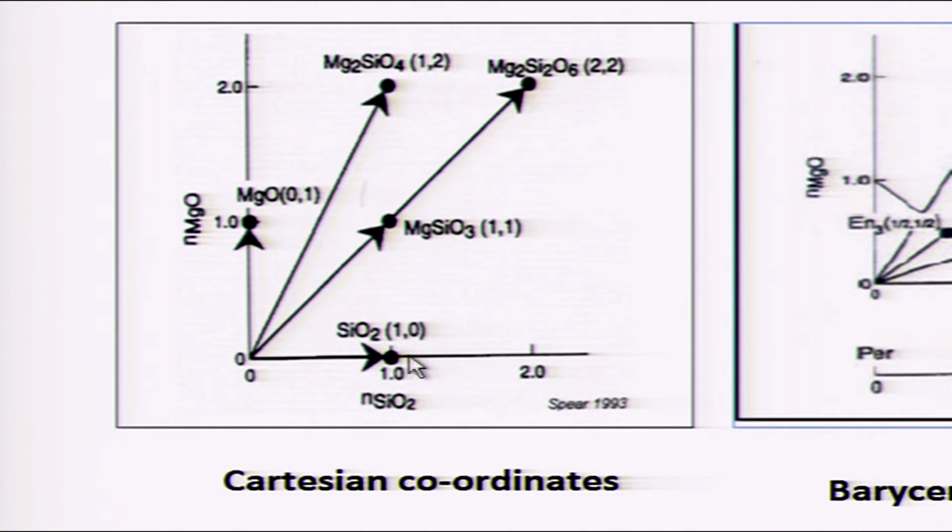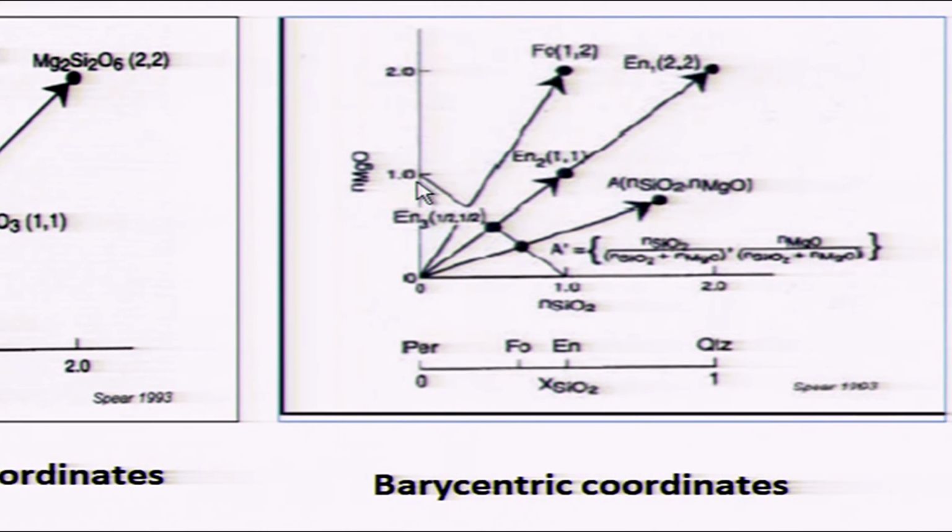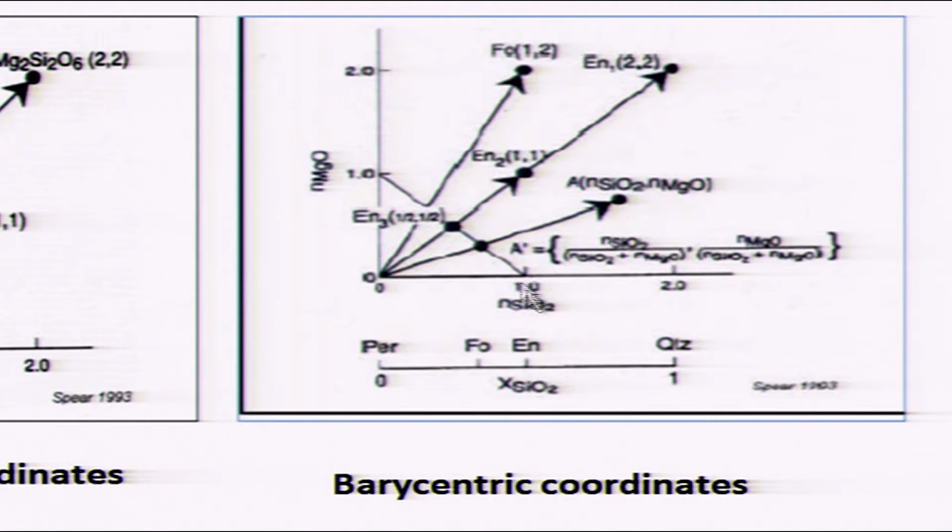To reduce one dimension of this and represent it in a linear, not area, fashion, we can project all the phases on a 1 mole line. So, in this second diagram, we have joined 1 mole MgO to 1 mole SiO2.